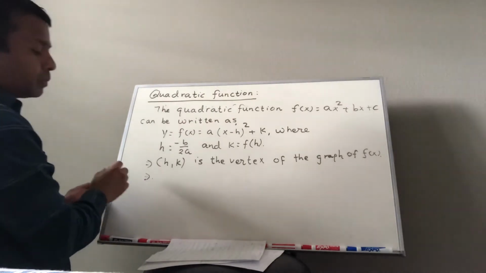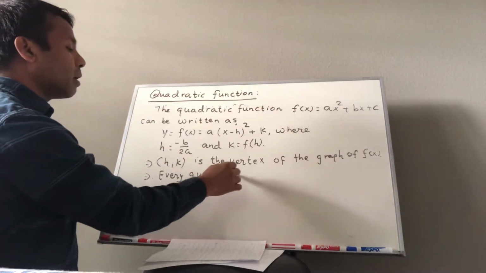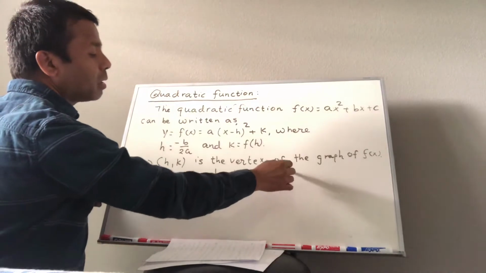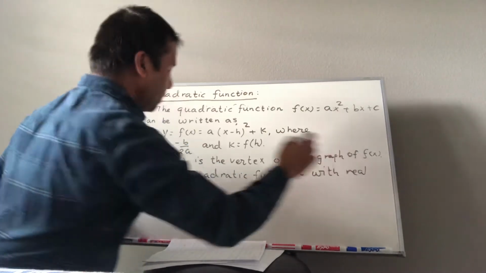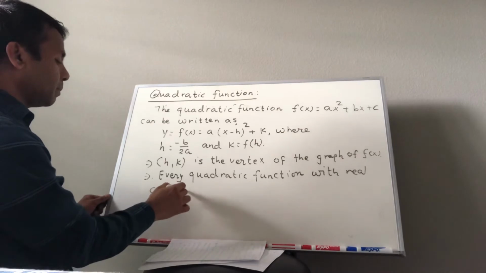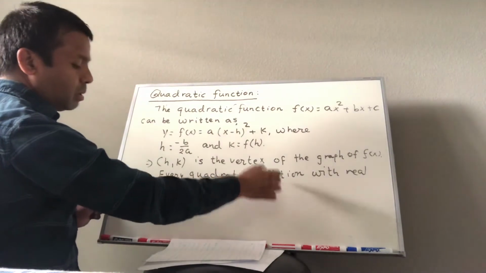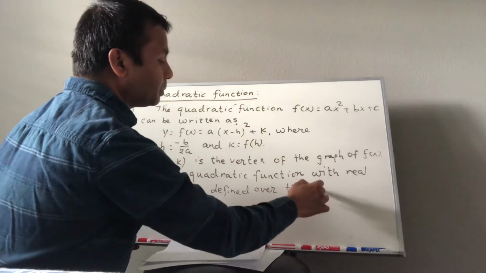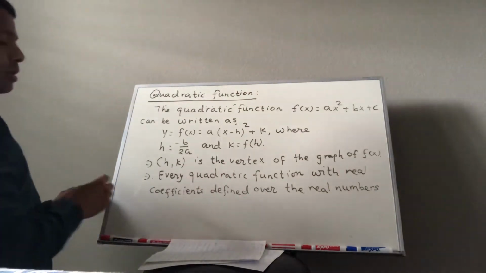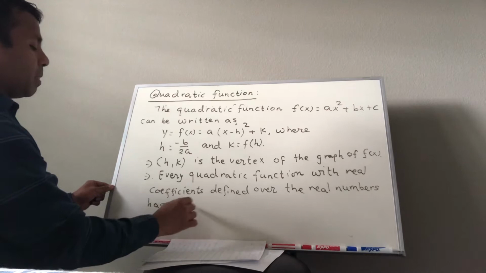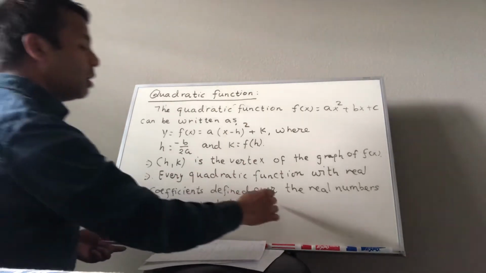So every quadratic function with real coefficients defined over the real numbers has a graph that is a parabola.